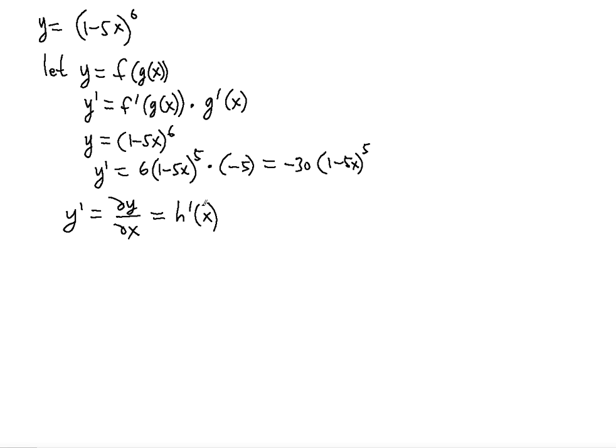But h prime of x would mean that we have h of x equal to (1 minus 5x) to the 6th power. The entire original function would be h of x in this case.